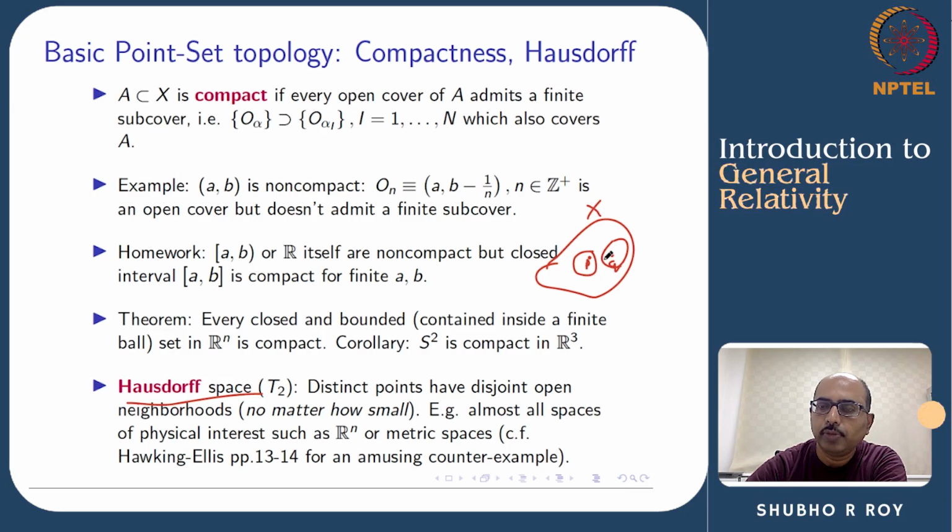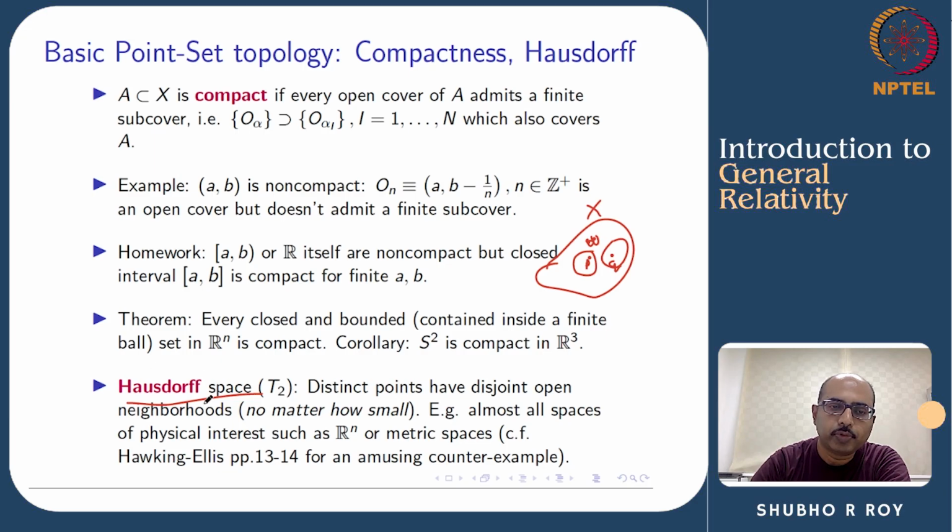These two open neighborhoods do not come into contact and do not overlap. For any pair of points, no matter how close, I can always draw two non-overlapping neighborhoods. Each pair of points can be separated into two different neighborhoods.